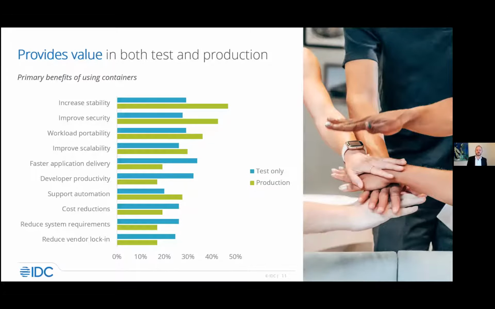And I think those that use it for test only may not always realize that there are additional benefits of running it in production beyond just time to market. So they have to be aware of these different benefits that can be achieved.